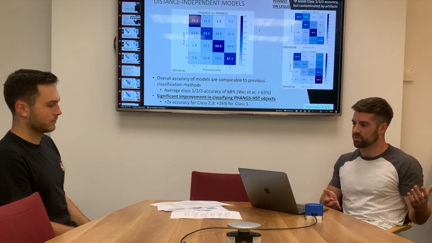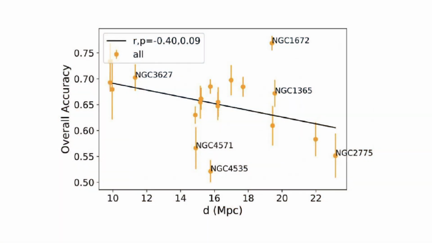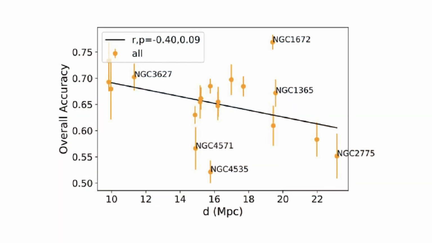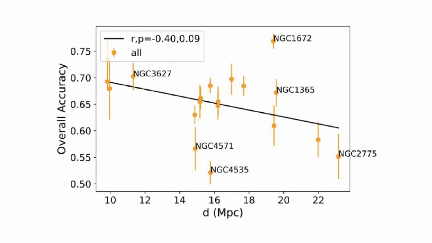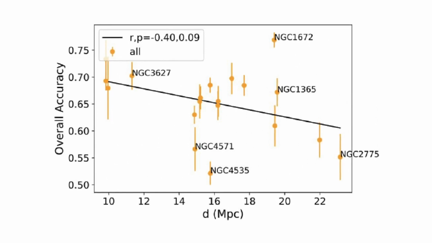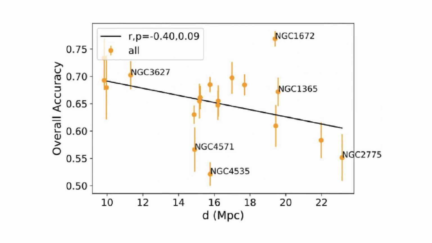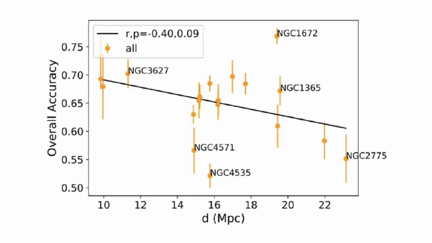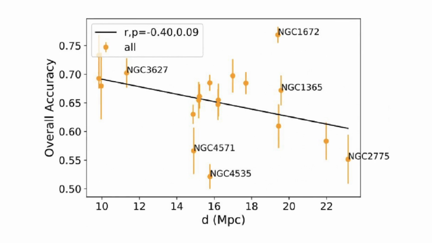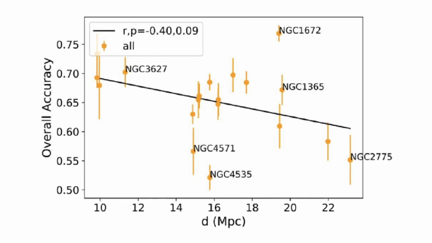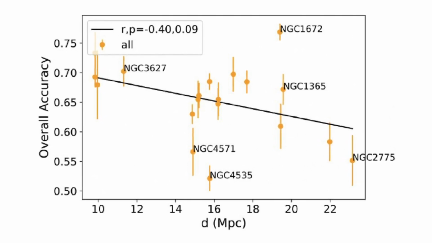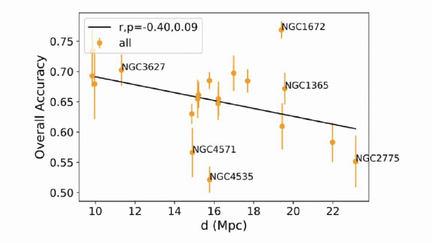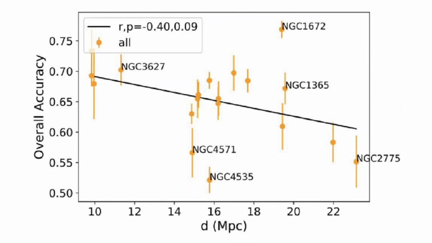So that was the first thing we were going to look at. And here we can look at the overall accuracy of the models, that is just averaging the class 1, 2, 3, 4 accuracies together and plotting them versus distance. And while there's not a significant trend, you can see at least there is a slight downward trend. That is, accuracy tends to decrease with increasing distance.